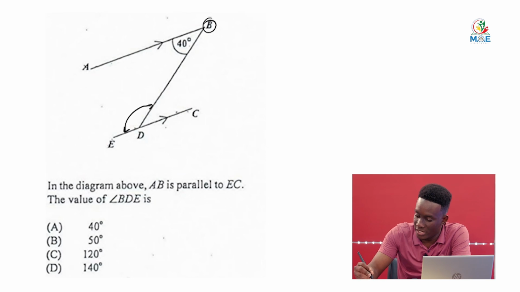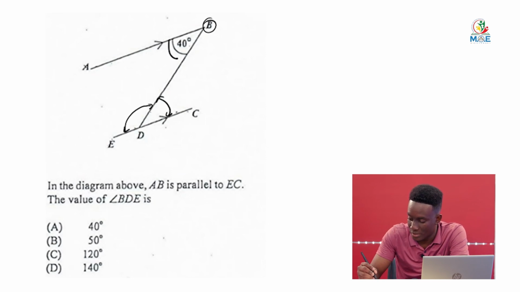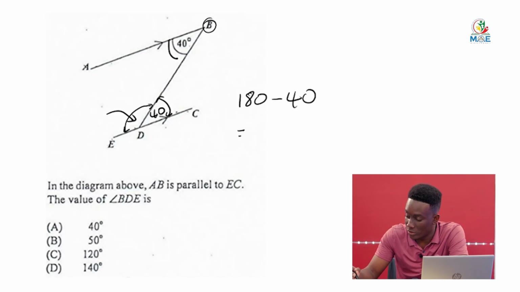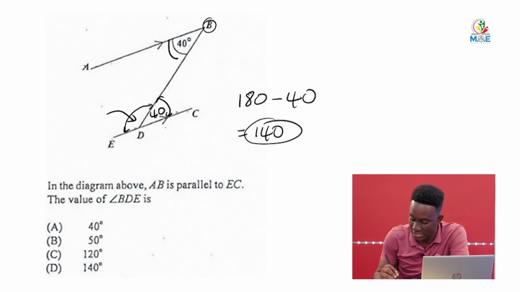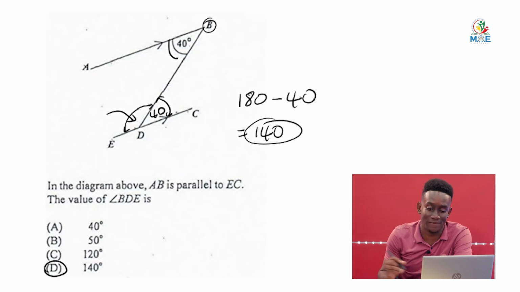If here is 40, because of this Z, here will be 40 as well. So to find angle BDE, it will simply be 180 subtract 40. So 180 subtract 40 would be 140 degrees, which is nice and easy, D.